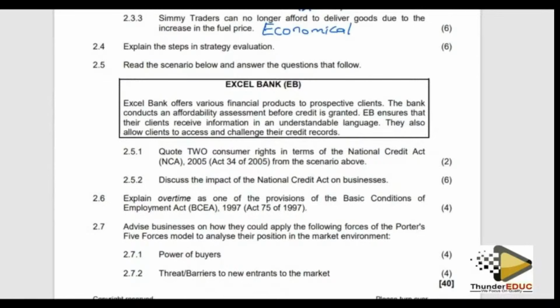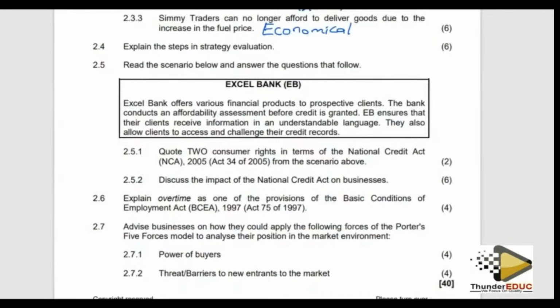If the question requires you to quote, the expectation is that you go straight to the given scenario or information. Then you take those sentences exactly the way they appear. You don't adjust up, you don't adjust down. In that regard, you would have quoted according to the expectation of a question.